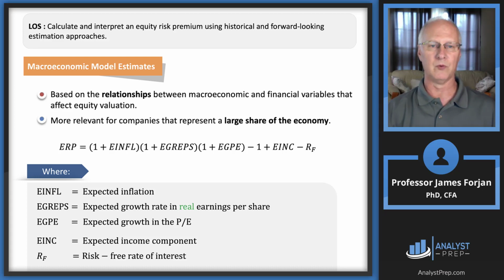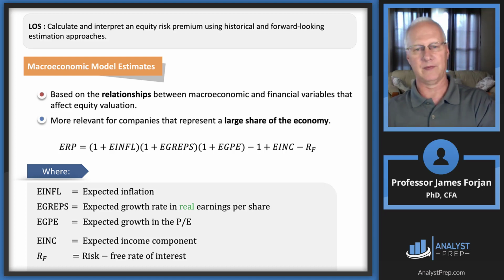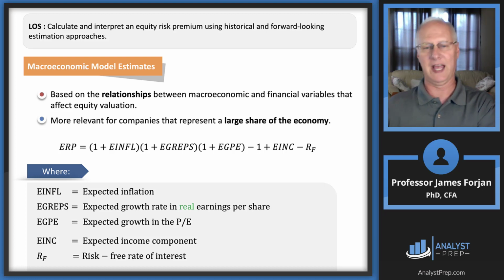Notice we put the word real in bolded green font so that you don't fall into that trap on the exam. In this model, those are real earnings per share, which makes sense because if we have inflation in the first part of the model, then we have to not consider it again in the second or the third part of the model. And then we have expected growth in PE ratios and then an income component and then the risk-free rate of interest.